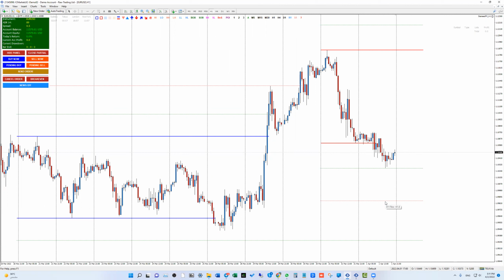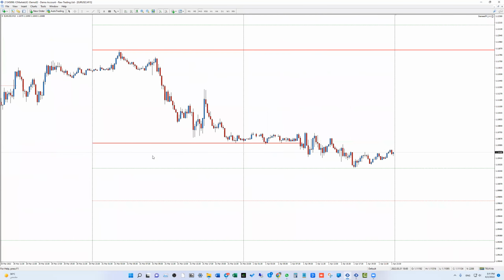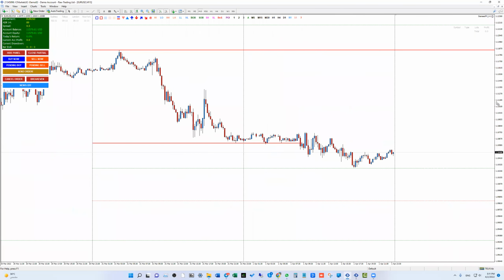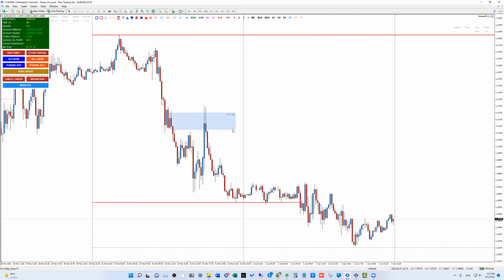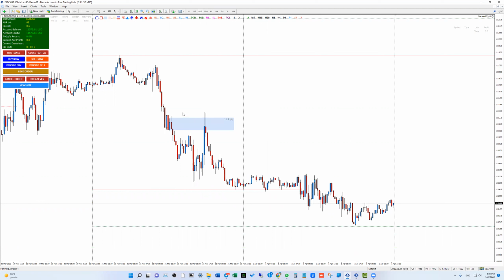So an example, this is just an example. Let's say you traded on M15, and you believe this is a good order block. Here is your order block. You enter and you hit the stop loss, and you want to re-enter again. You can wait for the candle to break below.